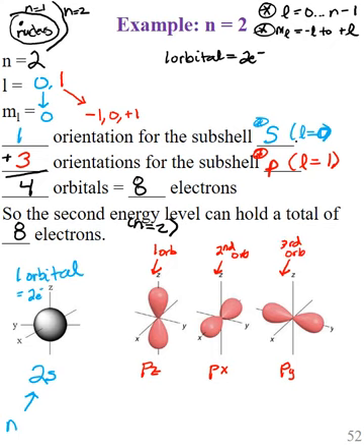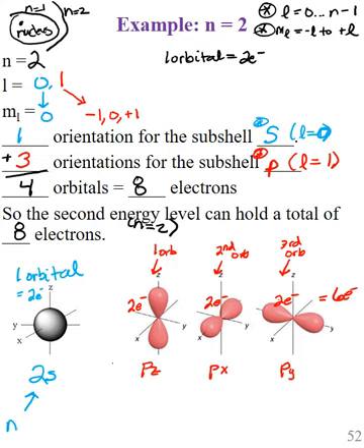Keeping in mind each orbital can hold 2 electrons, the pz can hold 2 electrons, the px can hold 2, and the py can also hold 2 electrons. If you add all of them up, it can hold a total of 6 electrons.